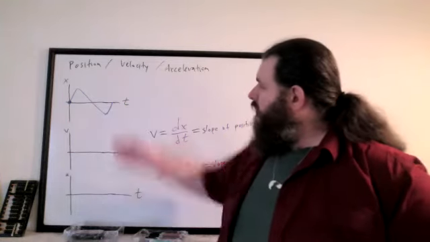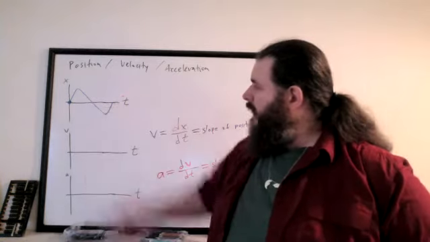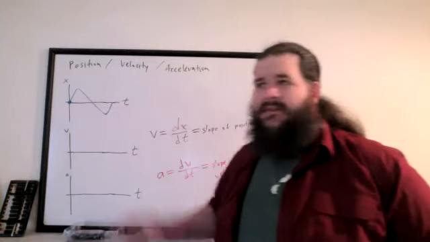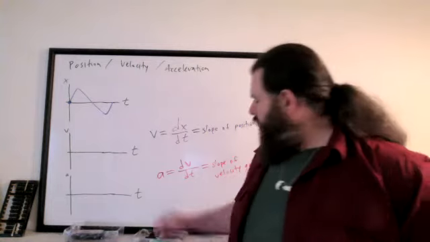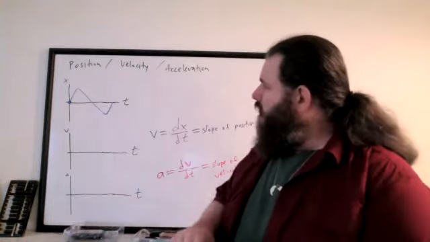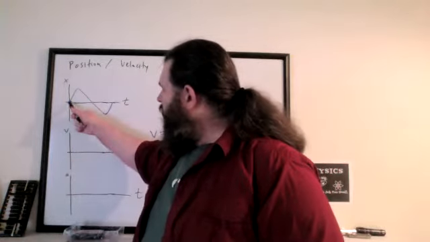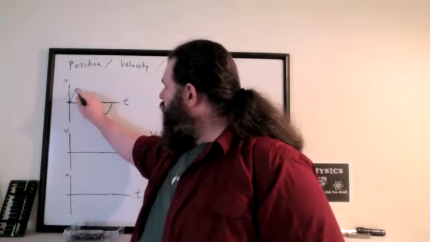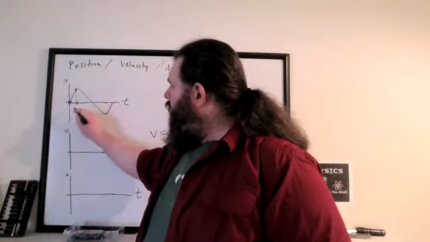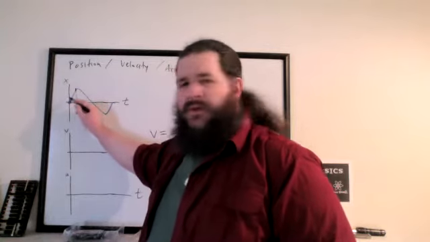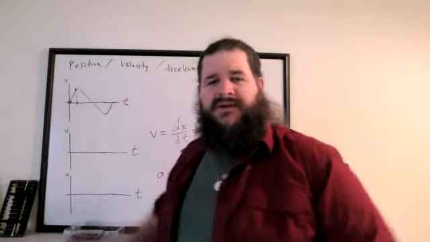And to do that, we want to split this up based on what times its velocity, its slope, has certain values. For instance, if you take a look at the first amount of time here, maybe from here to here, from this instant to this instant, what can you say about the slope during that period of time?